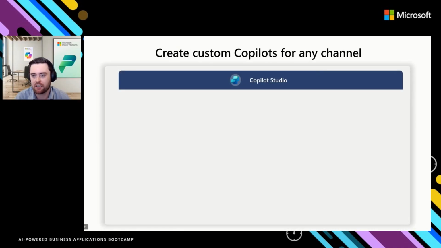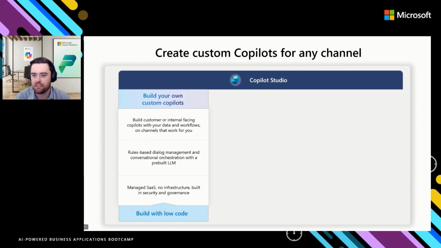Now let's look at creating a custom Copilot in Copilot Studio. As I mentioned before, you can create either an employee experience or a customer-facing Copilot experience in Copilot Studio. And essentially, if you want that Copilot to talk to other systems of record inside or outside of Microsoft, if you want to publish that Copilot into different channels to best suit your end users' needs, you're creating a Copilot in Copilot Studio.